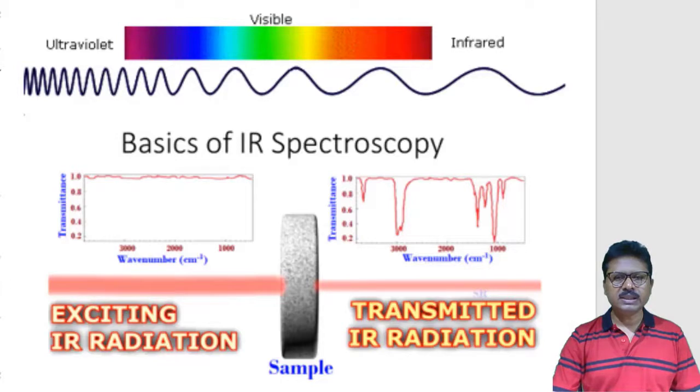Here the infrared radiation is allowed to pass through the sample. While the sample is irradiated with IR radiation, if the IR radiation has a specific amount of energy, this causes the vibration of bonding of the molecules.